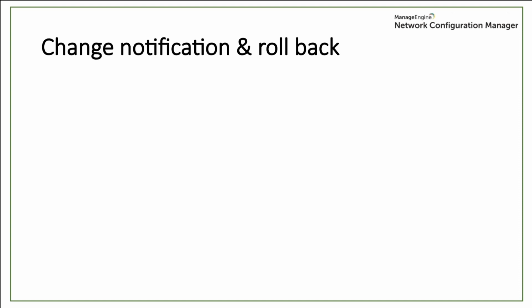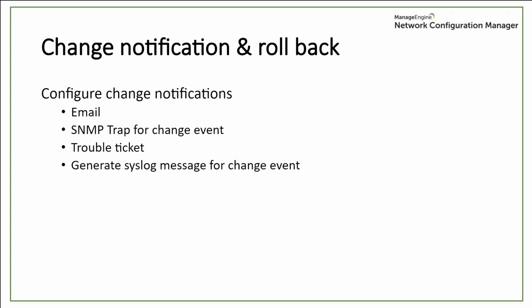Now let us see how change notification works and the rollback option. In a networking environment consisting of a lot of devices, it is a humongous task for the network administrator to track all the changes. But NCM helps you by giving change notifications in the form of emails, SNMP traps, trouble tickets, and generating syslog messages.